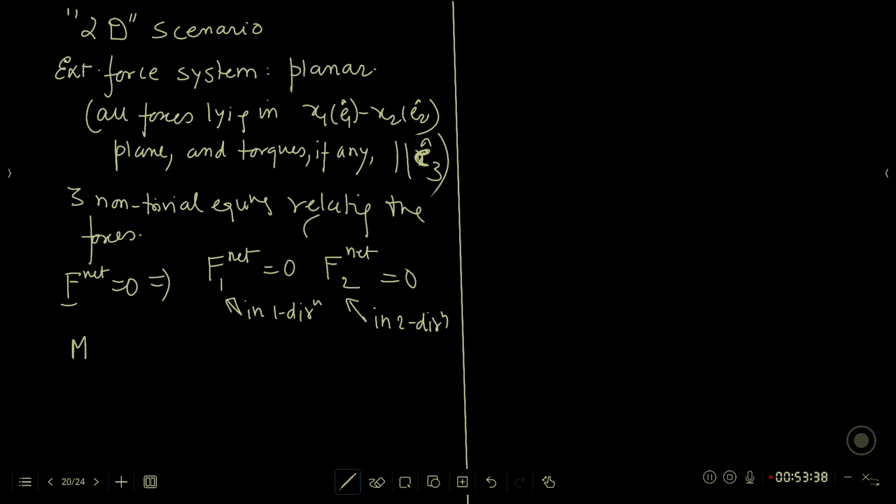This vector equation will become the third component of M_A = 0, where A is a point lying in the x1 e1, x2 e2 plane. These will become the governing equations.